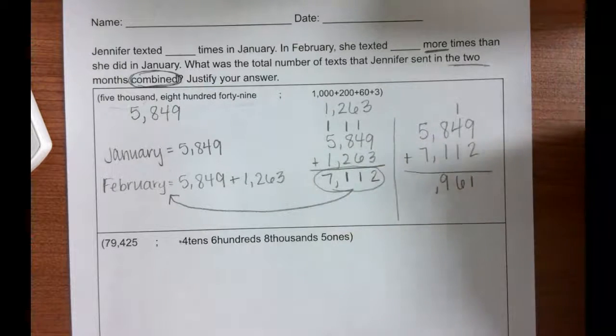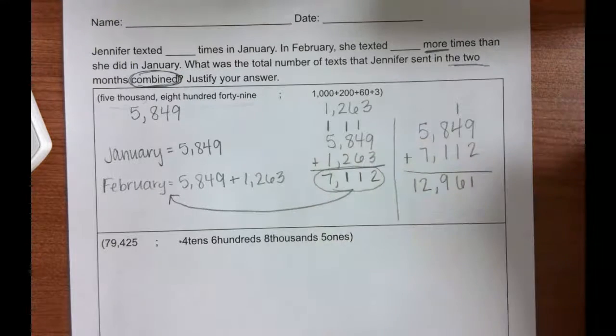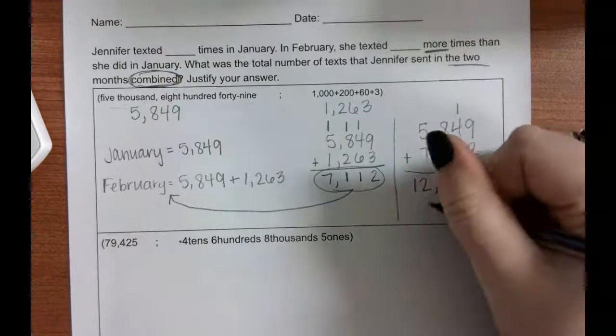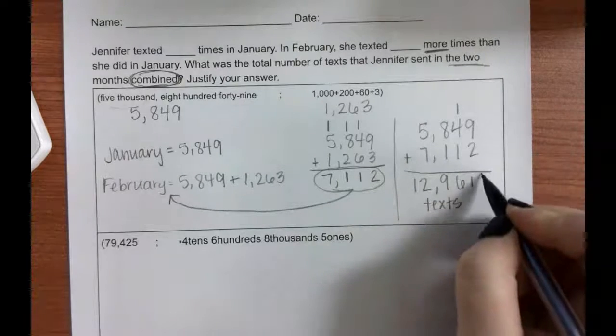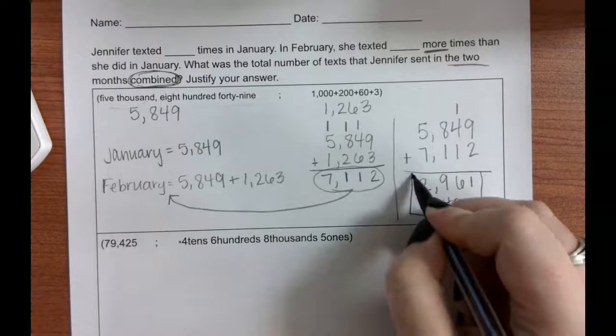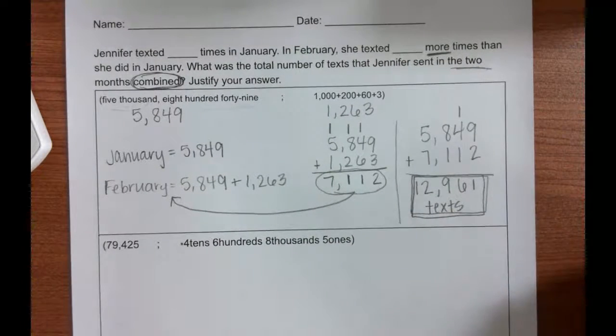Drop my comma. 7 plus 5 is 12. So because I can't carry anything, yeah, and then I'm going to make my label and say that she sent 12,961 texts in the 2 months combined together. It's a lot of text messages.